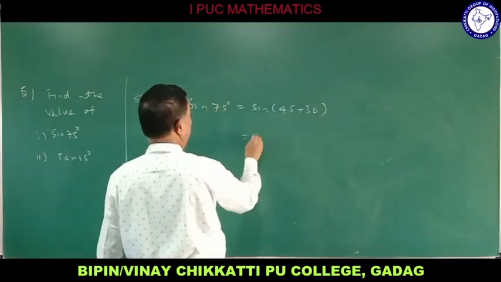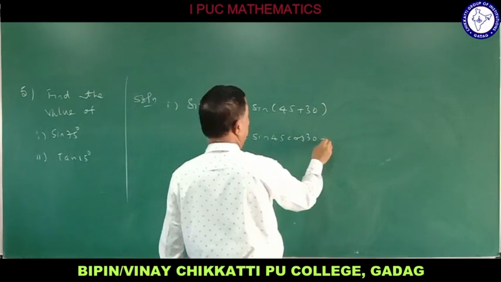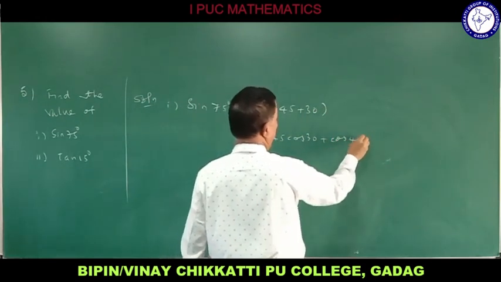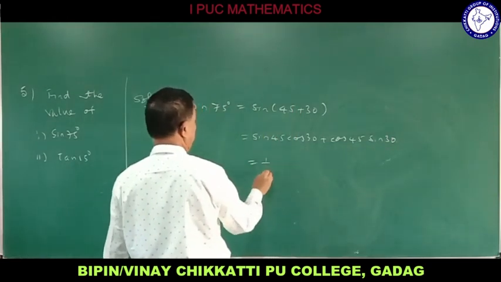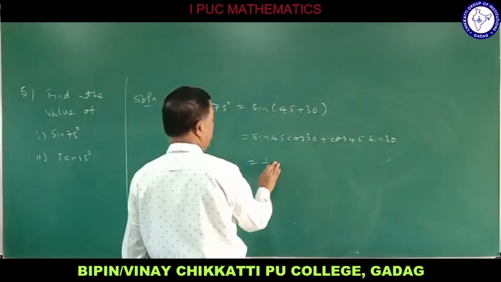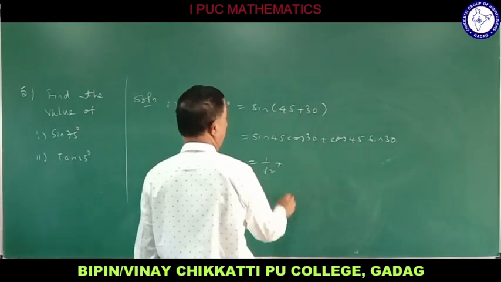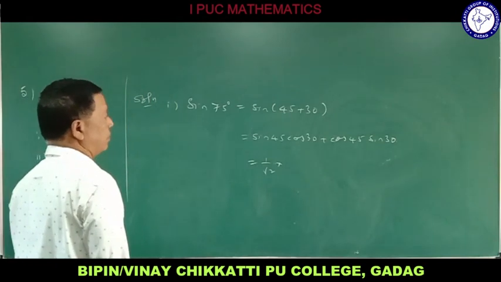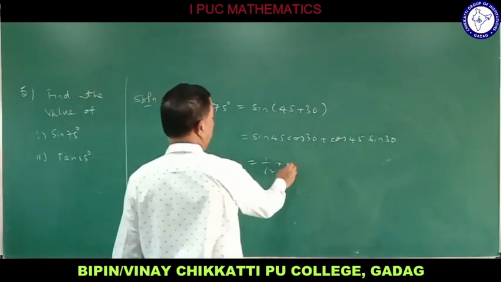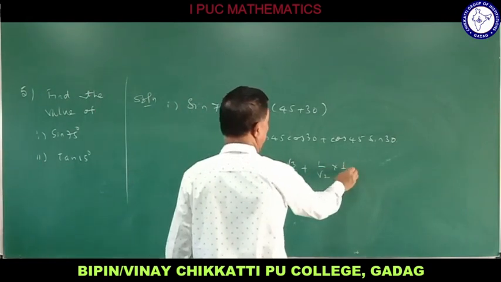So sine of (A plus B) means sine A cos B plus cos A sine B, that is sine 45 cos 30 plus cos 45 sine 30. Sine 45 is 1 upon root 2, cos 30 is root 3 by 2, cos 45 is 1 upon root 2, sine 30 is 1 upon 2.